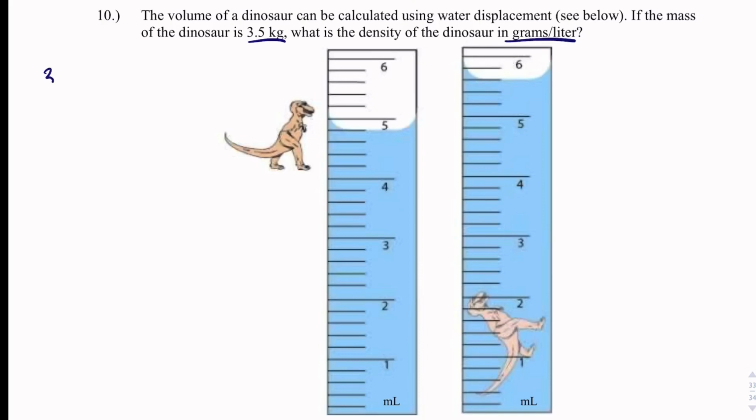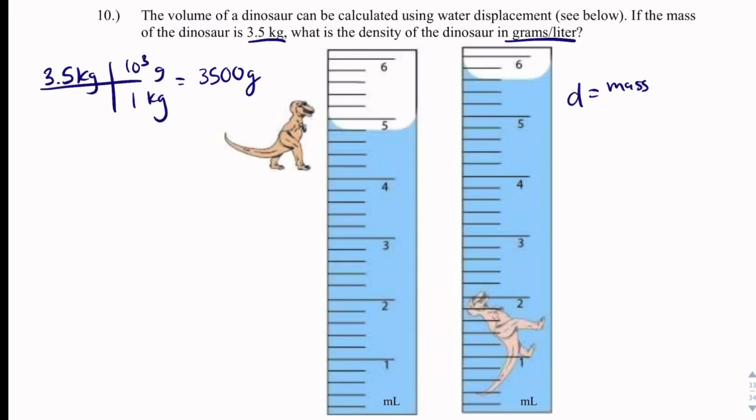So I'm going to first take 3.5 kilograms. 1 kilogram is 10 to the third grams, and so I'm going to get 3,500 grams. Density of dinosaur is mass over volume, which they asked for in grams per liter. So that's why I went and got it in grams.